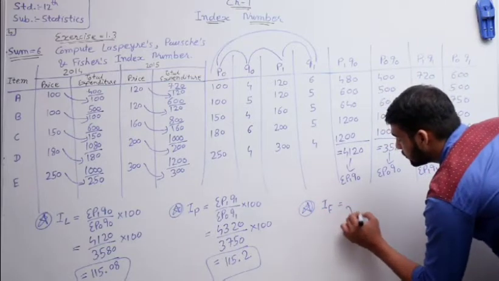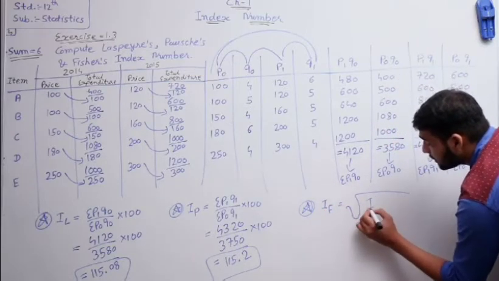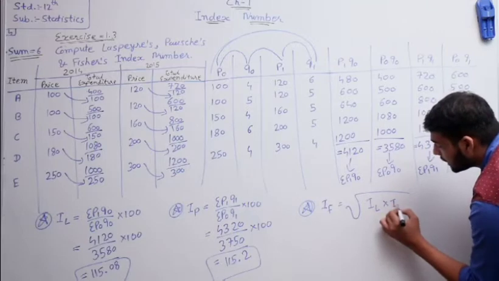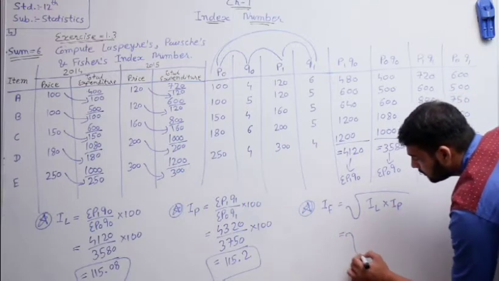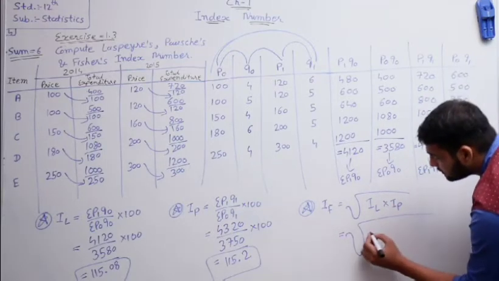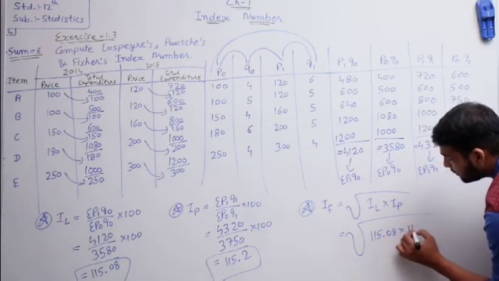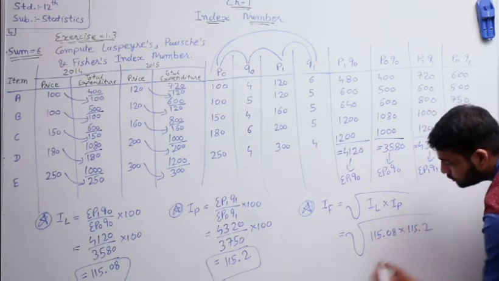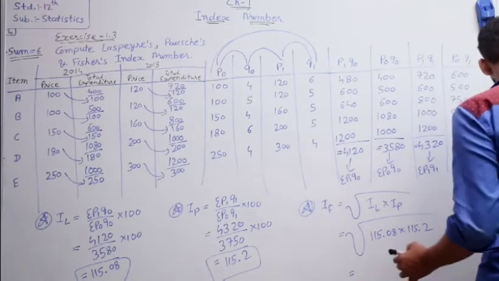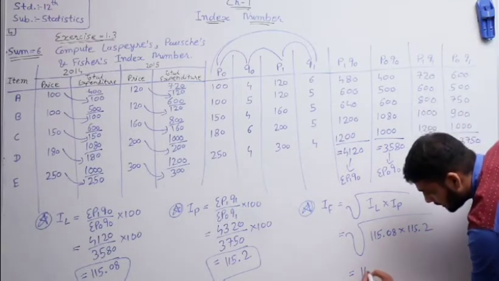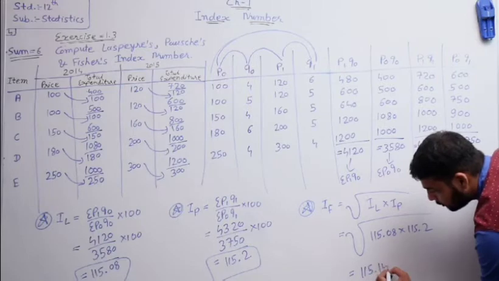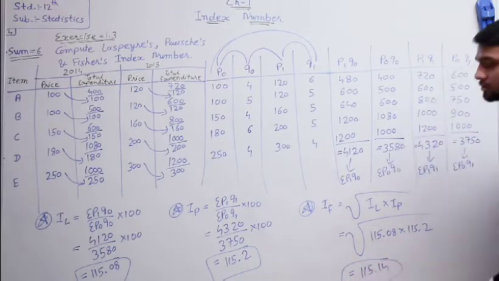IF is equal to the square root of IL multiplied by IP. IL is 115.08 multiplied by 115.2. So our answer is 105.14. Understood students?